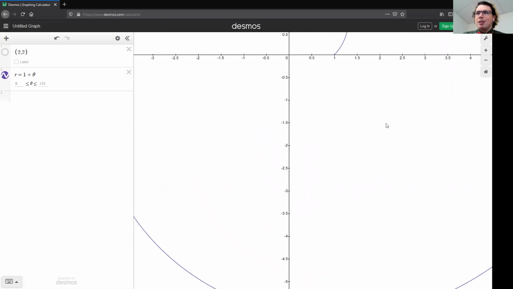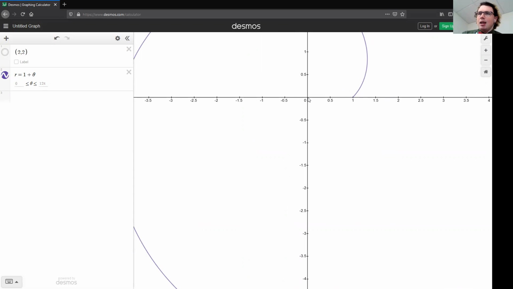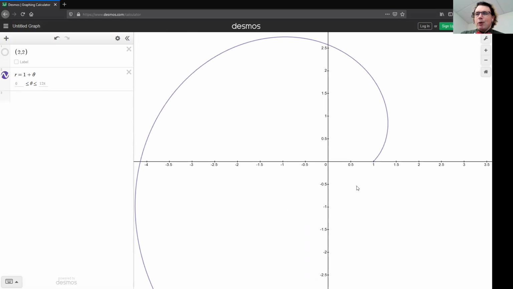So this would be the point just (1, 0). To plot the later points on this curve, I pick a different direction. Maybe theta equals pi over 4. So I'll be going in the positive y direction, for pi over 2 is the positive y direction.